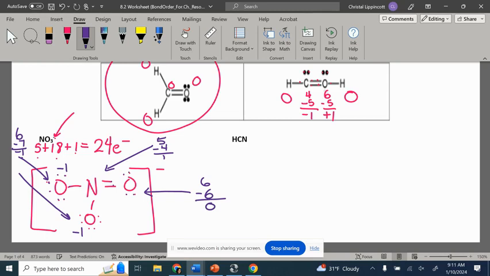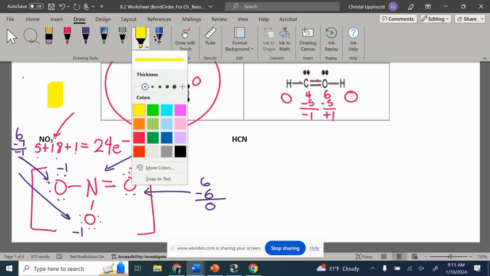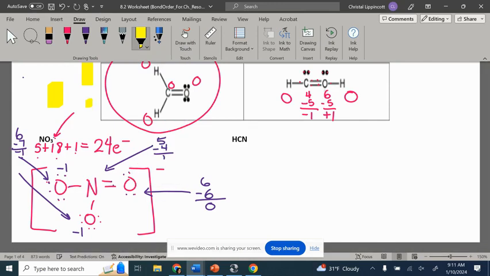Now, if we look at the formal charge for these, we've got a -1 here, a -1 here, a +1 here, and a 0 here. That's a -1, -1, so it's -2. +1 gives me a -1.